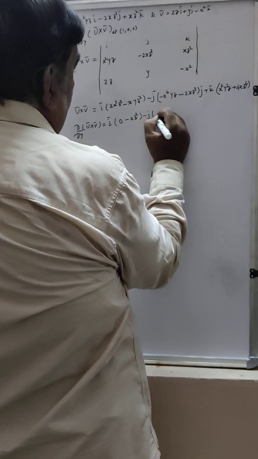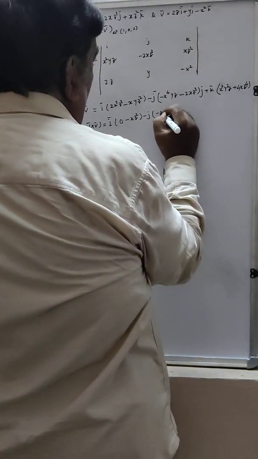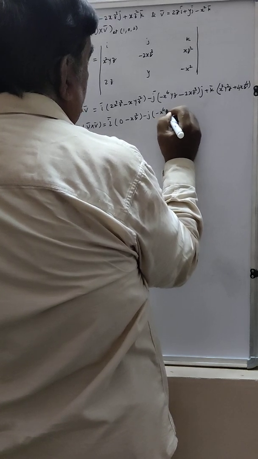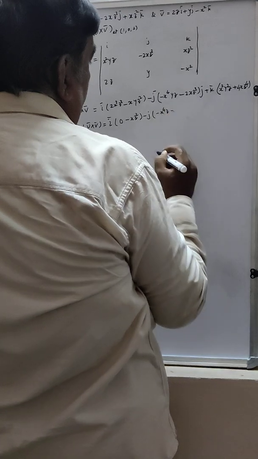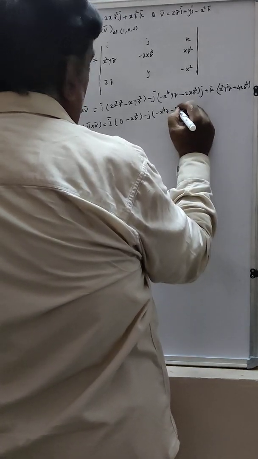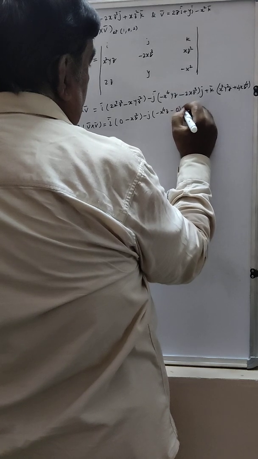Minus j: here minus x raised to 4 z is constant with respect to y, derivative of y is 1, and the other term becomes 0 because it is constant.